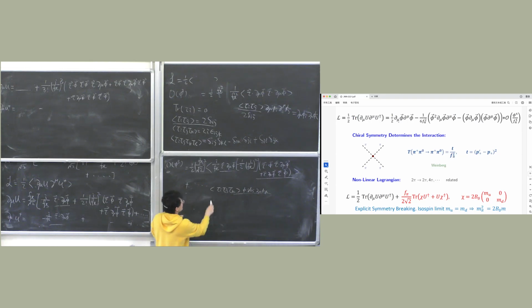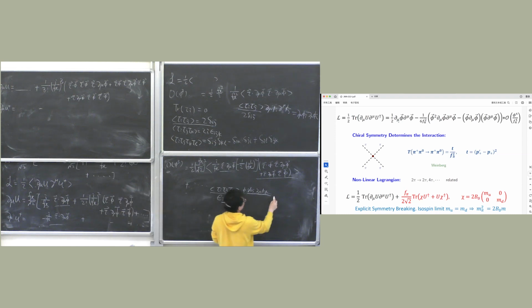We know that this one is just proportional to epsilon ijk, which is anti-symmetric in each index. And also we can see that here we have some symmetric component. So we will always have 0 for such a term.